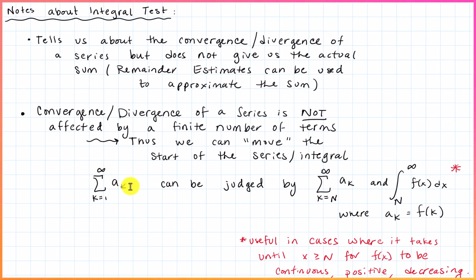So for instance, if we have a series from k equals 1 to infinity of a sub k, those are the terms, we can actually judge the convergence or divergence of that series by moving the start of the index to, say, some capital N, and consider the integral from capital N to infinity of f of x instead of starting at 1, as long as a sub k is equal to f of k on the integers.